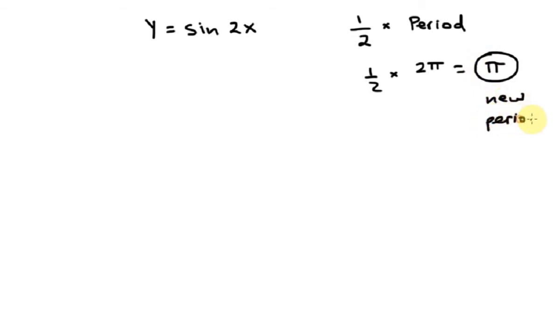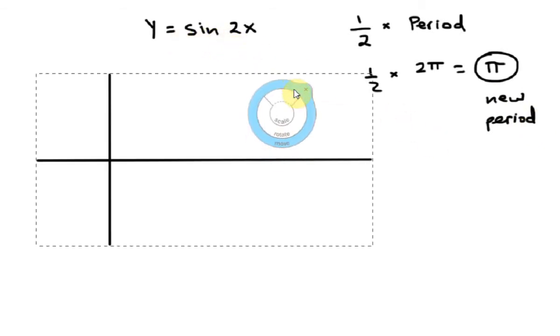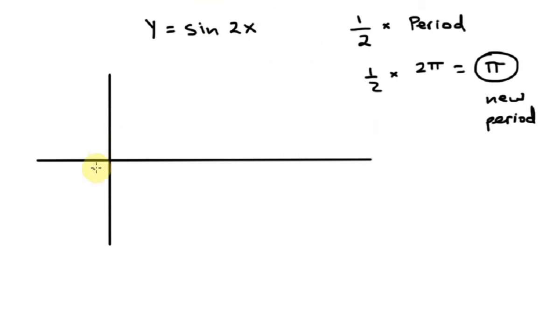New period. Now the easiest way to graph this, and there are no other changes happening in our graph, is to still mark down 4 key spots on my graph. The only difference is now that it finishes at pi, not 2 pi.